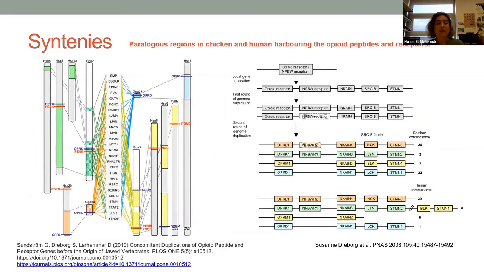I give here a figure of paralogous regions in human and chicken containing the genes involved in the opioid system. You see there are 4 paralogous regions in chicken, 4 in human, and they are distributed among different chromosomes.